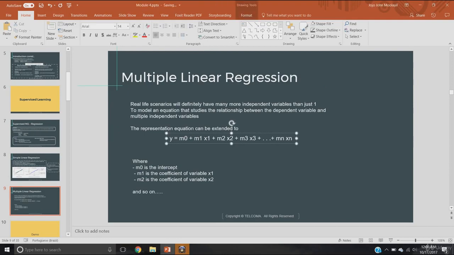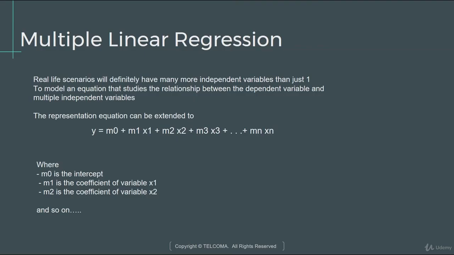It is m0 plus, yeah, now it looks better. So we're saying y is equal to m0. M0 is basically the value which would be the intercept, which represents c in the previous example. And then we have m1x1, which is basically the slope and the coefficient of the first independent variable, and we add the independent variables one by one with their respective coefficients.